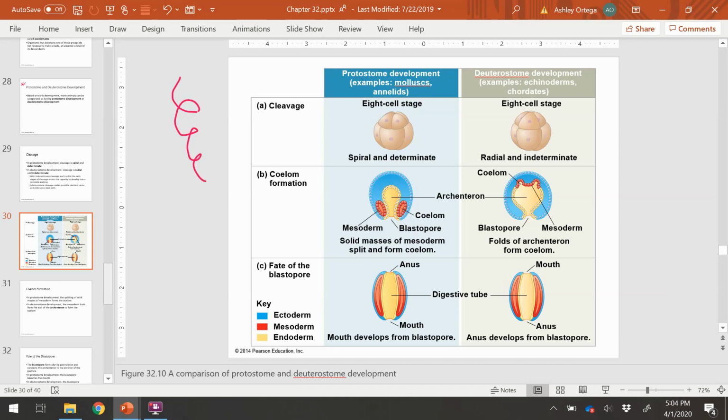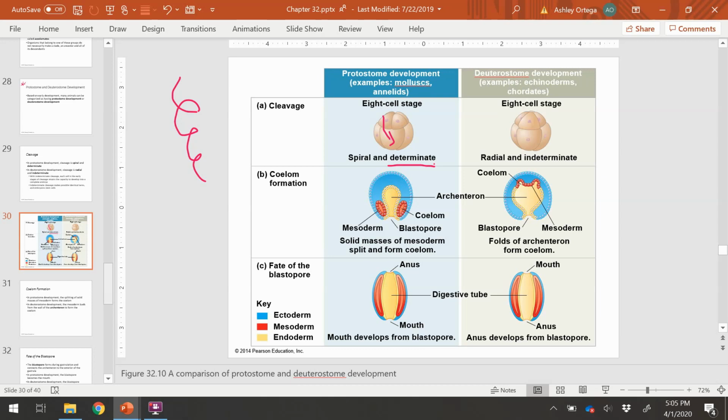That's the physical difference, along with the capability of the cell, which is the second part, determinate. This means that the cell can only develop into certain parts of the embryo.